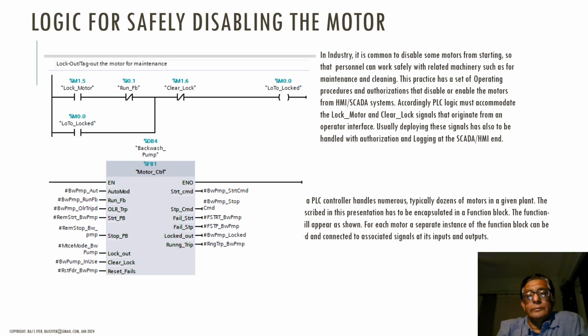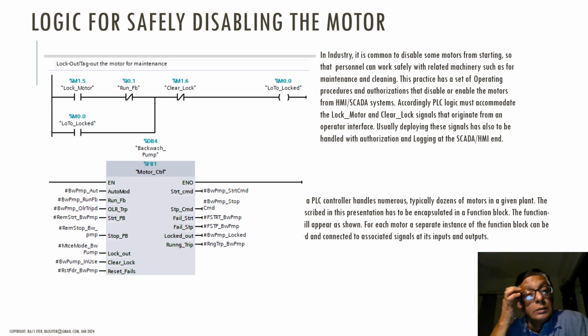One final thing. When you have a large number of motors, the logic that we have deployed so far can be encapsulated by means of a function block. Means you have a function block and all these signals are there, like auto mode, run feedback, overload, start push button, stop push button, lockout, clear lock, reset fails.